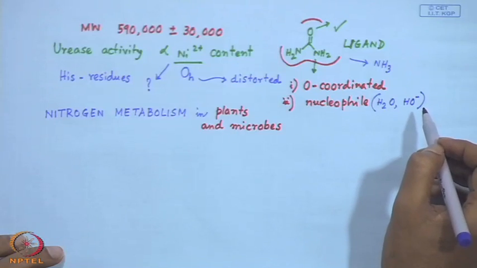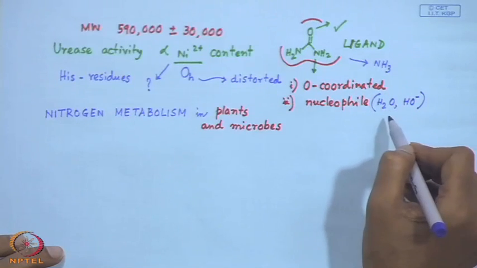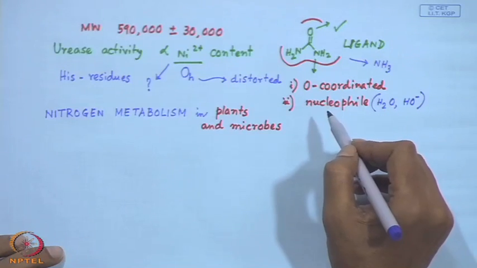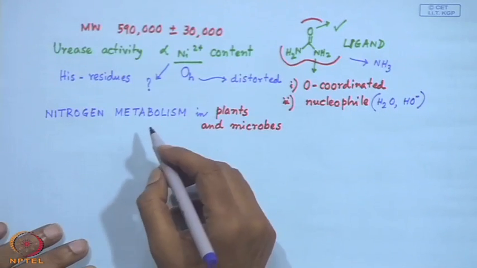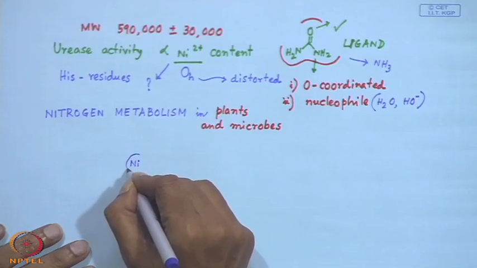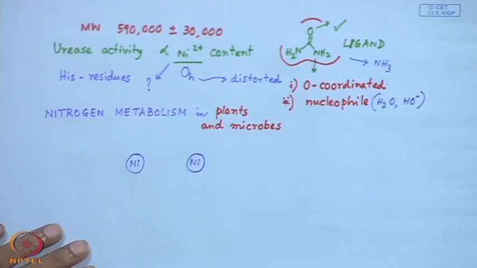Water and hydroxide ion either come from the reaction medium or can also be bound to the metal center, but the most efficient mechanism which we can have is the presence of two nickel centers. That means, here we are talking about a binuclear system.